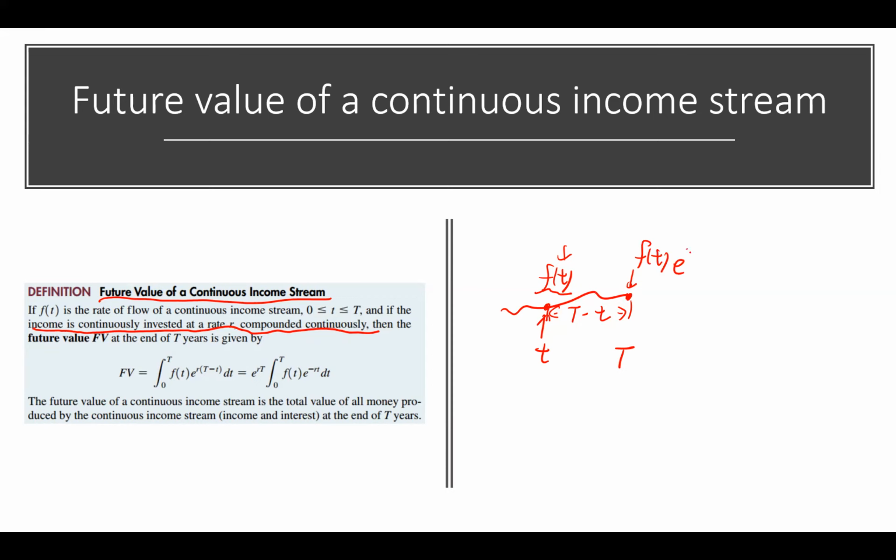This is e to the r, multiplied by the duration. So this is the money we'll get. And this is just for a single point. We need to do this for all the different points. So basically, we have a new function here. We want to integrate it and then calculate the total income. This is the future value of a continuous income stream.